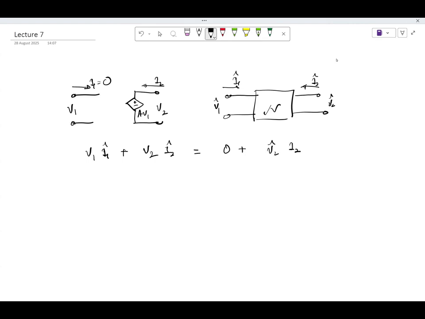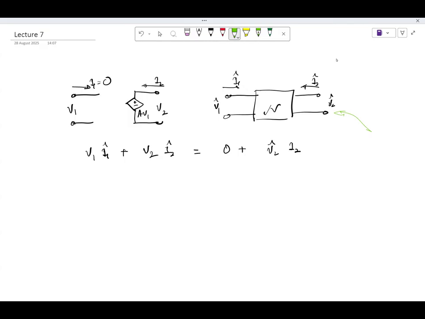Now, the whole purpose of doing this inter-reciprocity is to interchange the excitation and the observation ports, right? So what we would like to do is definitely to apply an excitation at port 2. Now the question that needs to be answered is: should I apply a voltage excitation or a current excitation?